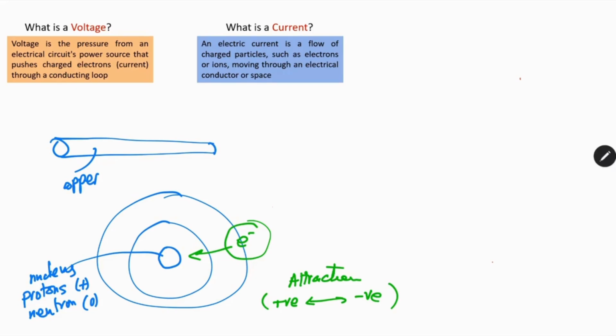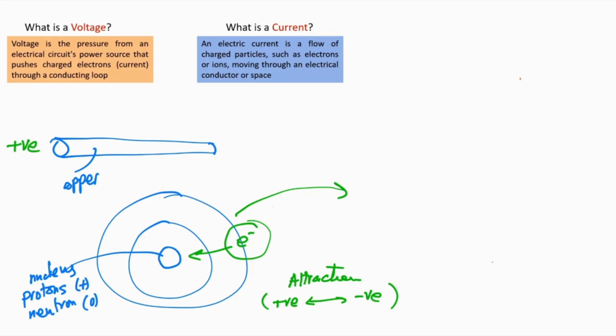So if we apply a voltage source across this copper conductor, a positive voltage source, that means this force, like we said earlier, is capable of pushing these electrons to bond with the other atoms of the copper. So this is very important.